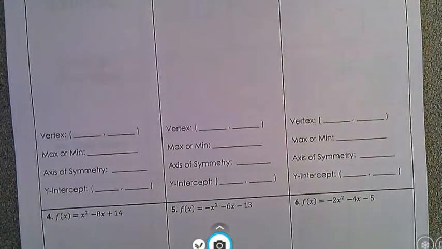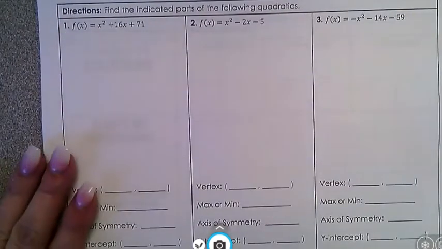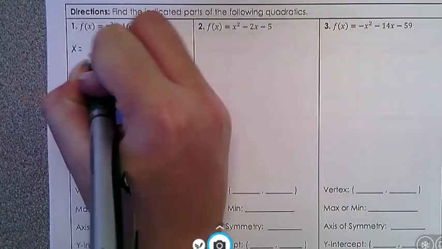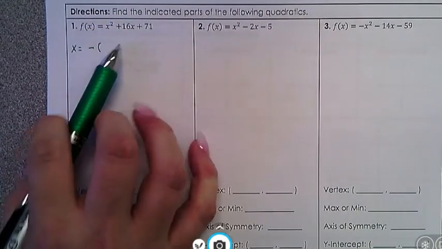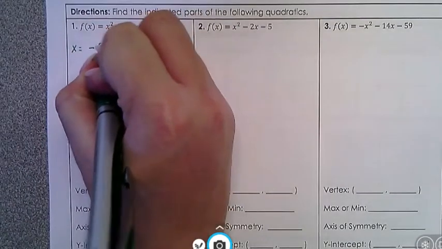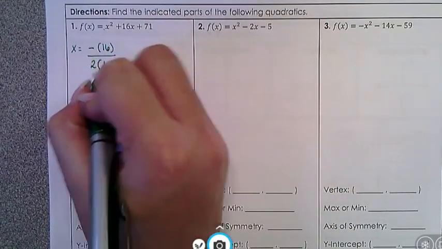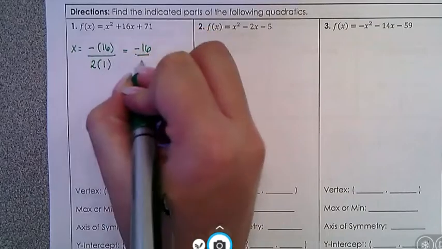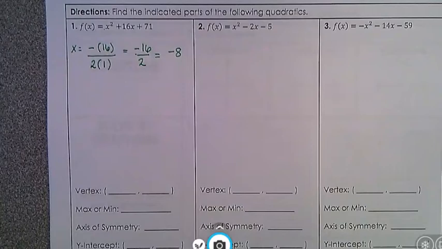So we have several more examples here. I'm going to do the first 3 with you, and then I'll let you work on questions 4, 5, and 6. So we're on number 1, x equals negative b. So I'm going to plug in 16 for b, over 2 times my a, and if there's nothing there, we assume it's 1. So negative 16 over 2 equals negative 8.